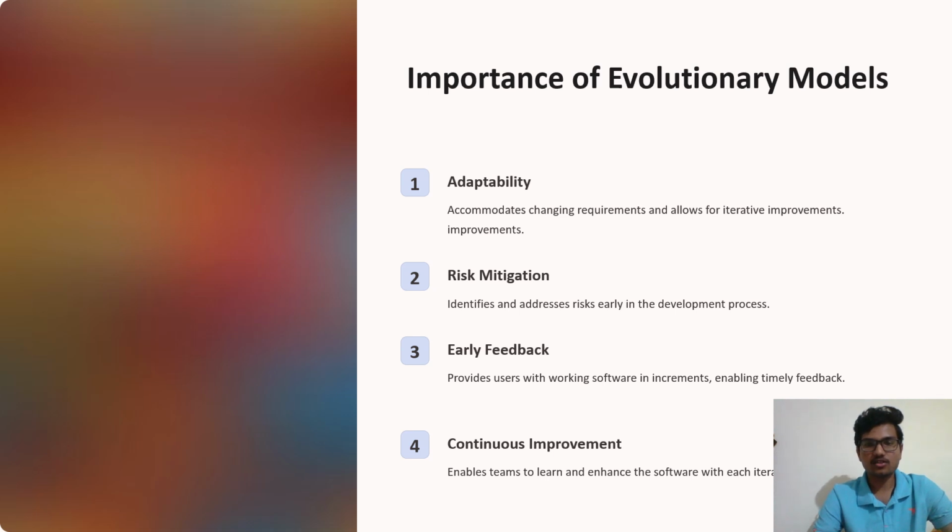Early feedback involves providing users with working software in increments, which enables timely feedback. Continuous improvement enables teams to learn and enhance the software with each iteration on a regular basis.